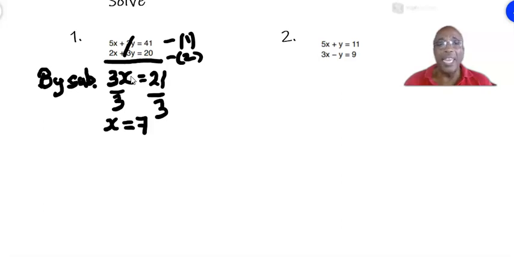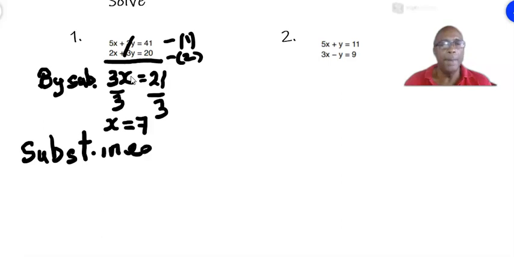Now we have to find the value for y. And we can do so by substituting in any one of the equations, equation 1 or equation 2. So just choose one. I will choose equation 2. So we are now going to substitute in equation 2. So x is 7.